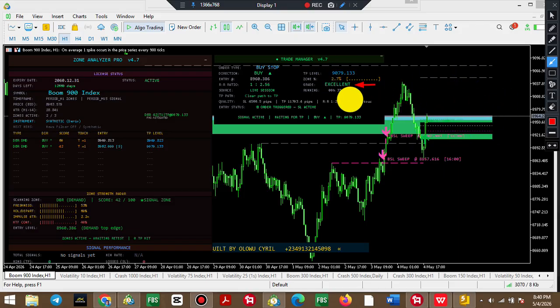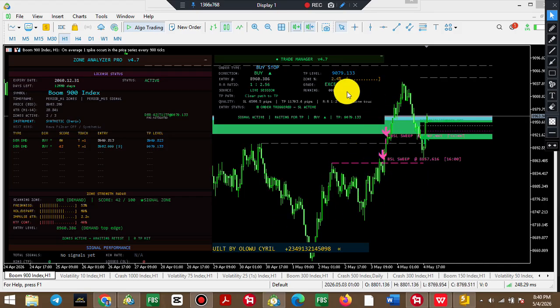That is why it's rating it an excellent trade. Mind you, the fact that you rate it excellent doesn't mean you should risk your capital or your equity by placing so many positions. So you still have to apply risk management because trading has to do with probability and then using confidence to determine the final verdict.